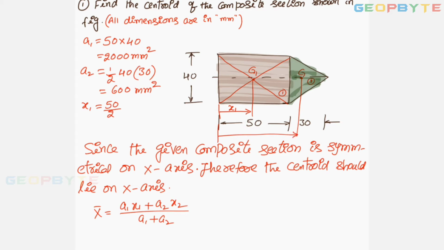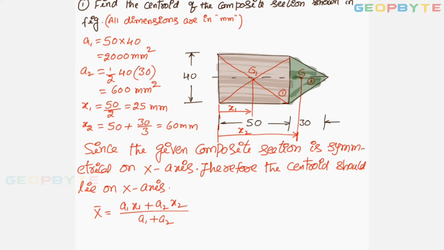This is the x2. x2 equal to 50 plus height of the triangle by 3, that is 50 plus h by 3. h is 30, 30 by 3. So x1 equal to 25 mm, x2 equal to 60 mm.